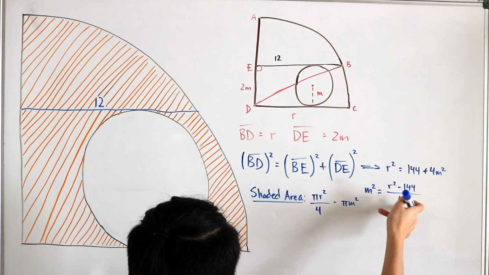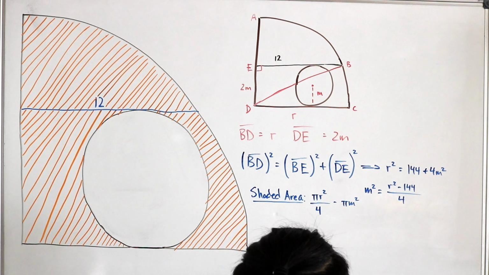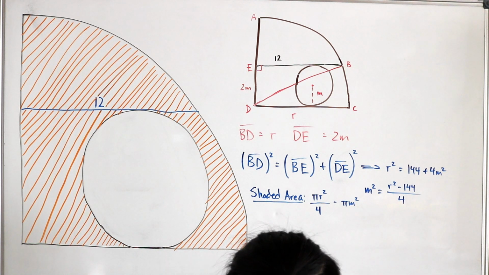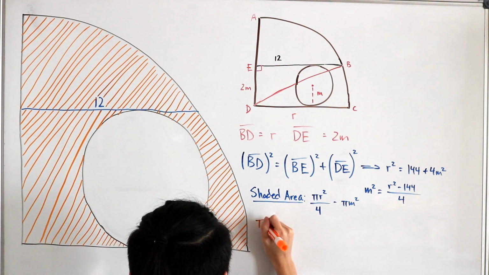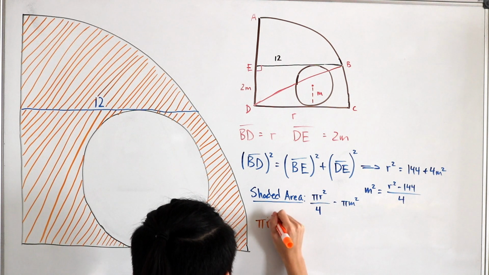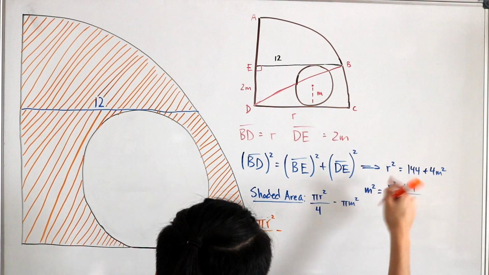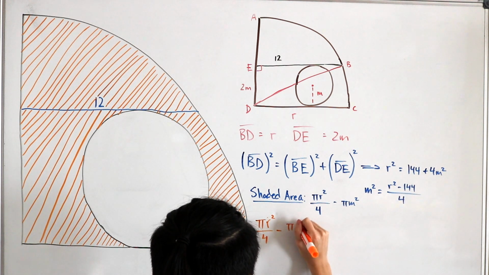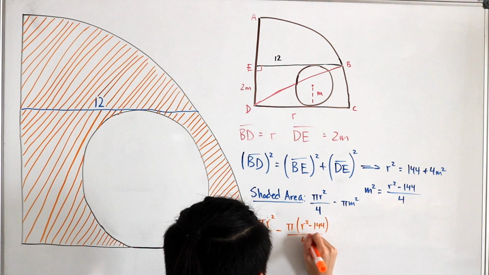Look, we have an m squared that we just found here. So why don't we substitute this back in? And then we're pretty much done, because the simplification is simpler than you'd think. So pi R squared divided by 4, minus pi multiplied by R squared minus 144, divided by 4.